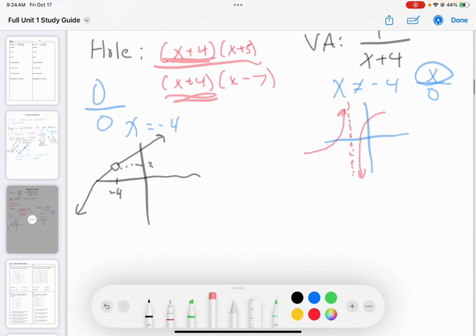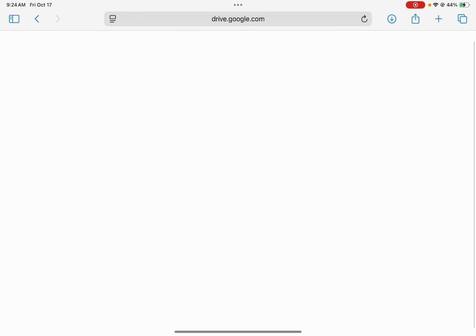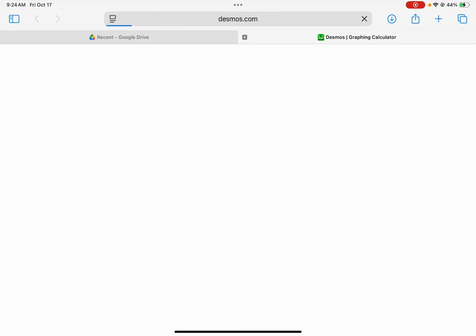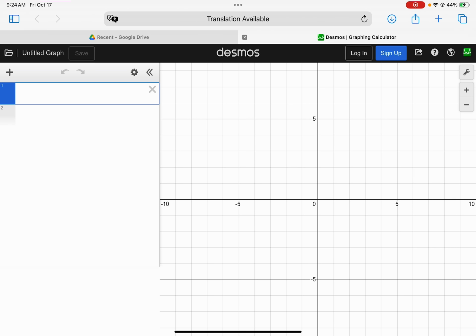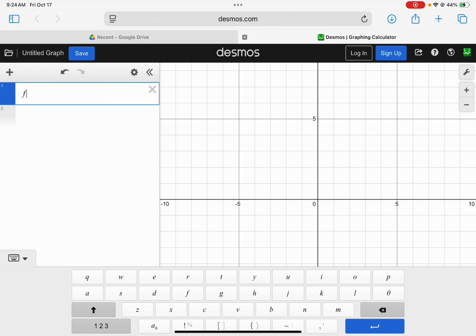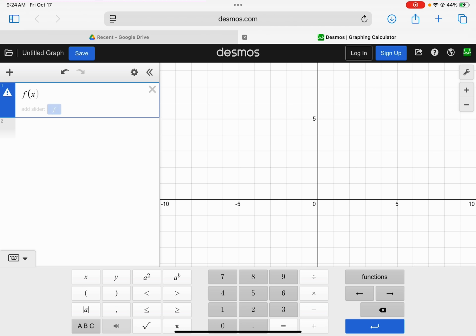Now, there's one quick exception to this rule. I think it's easiest to see on Desmos. Let's say I have some function, f of x. I should have just used the same function I just had.